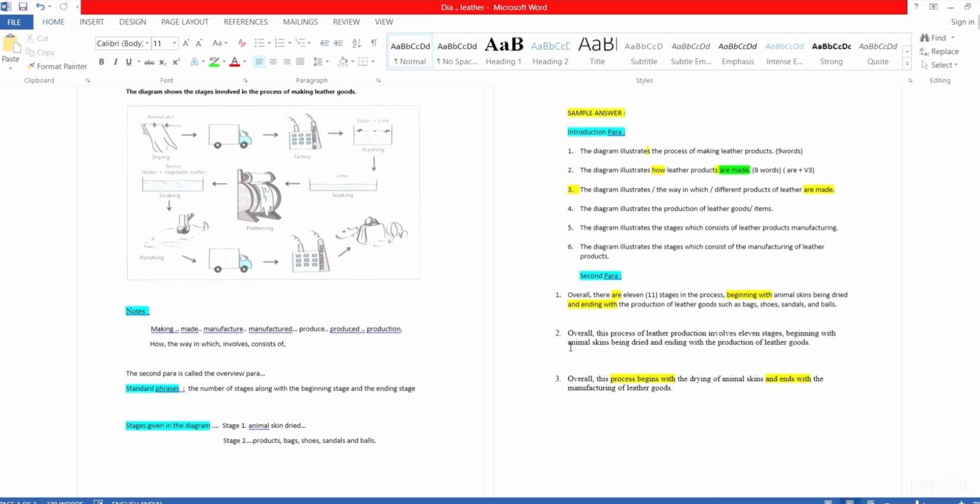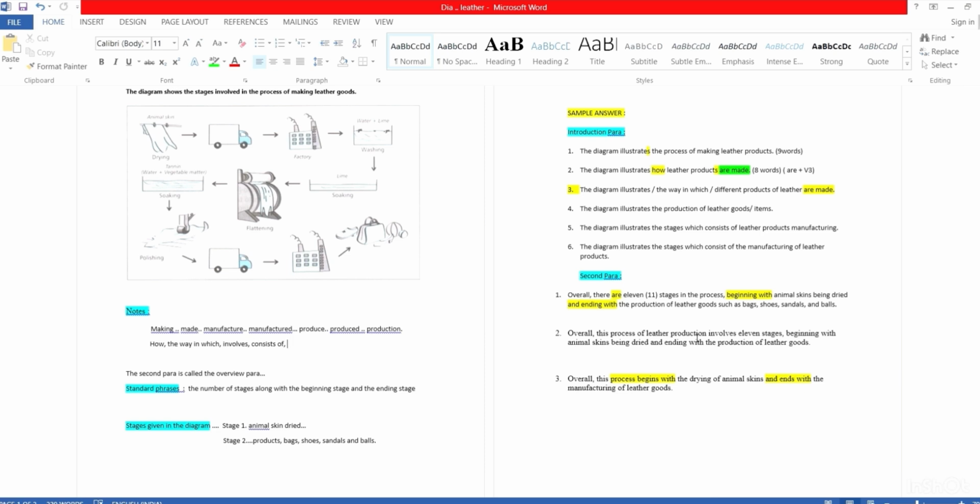Second overview paragraph, the standard word overall with a comma to it. This process of, again, instead of using the process here, we have paraphrased it as this process of, which is again the coherent sentence. That means we should not leave it.